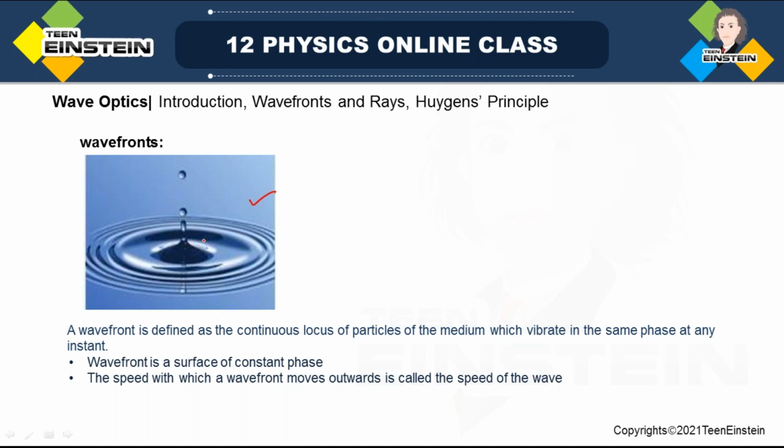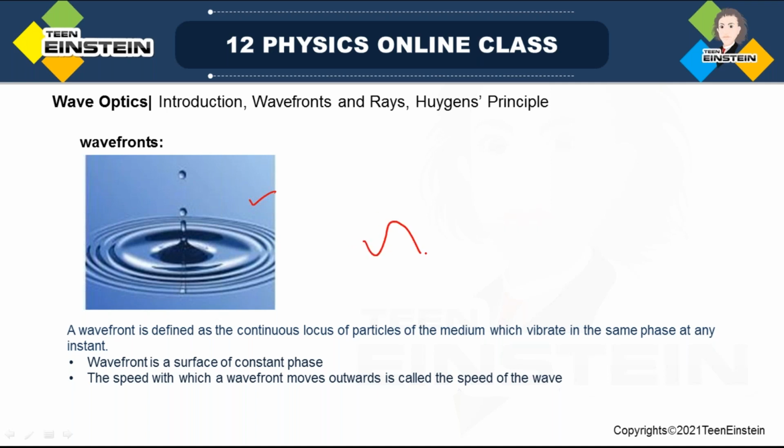They are created at the point of impact, and in these circular patterns, somewhere there is a little height, somewhere the water particles go down, somewhere they go up, like this.